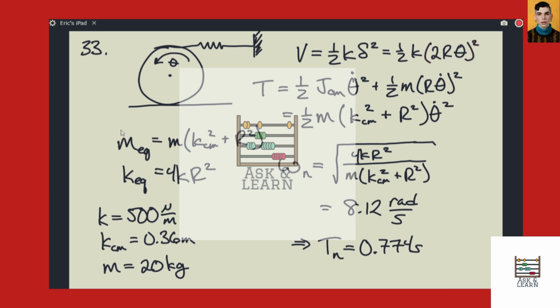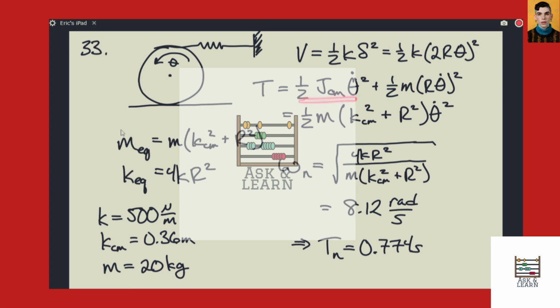Now the kinetic energy: there's no gravitational potential because the center of mass of this wheel doesn't move vertically. So the kinetic energy is the rotational energy about the center of mass plus the translational energy of the center of mass.